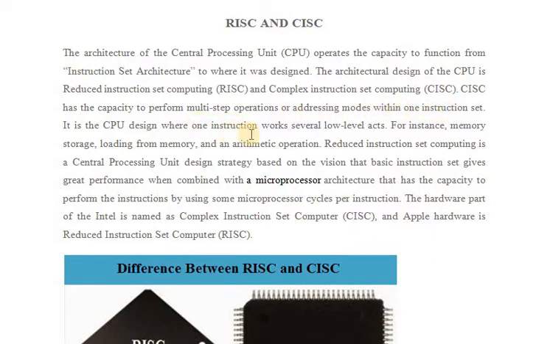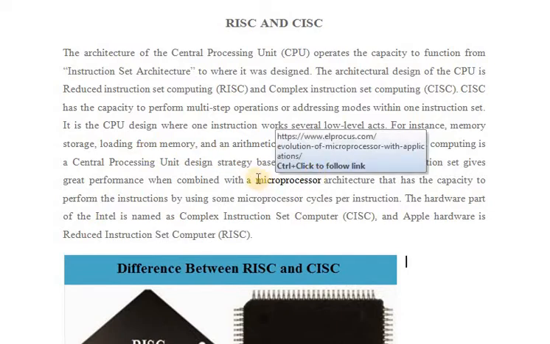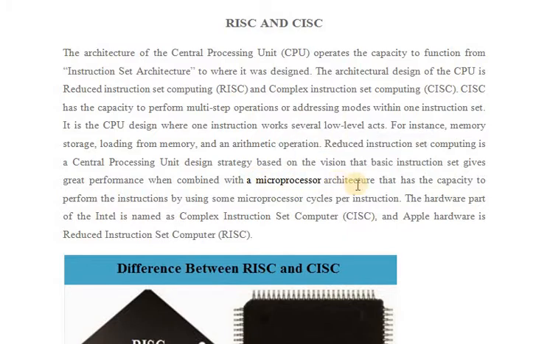It is a CPU design where one instruction performs several low-level operations, for instance a memory store, loading from memory, and an arithmetic operation. But the reduced instruction set is combined with the microprocessor architecture and performs efficiently with a smaller number of instructions; that you call RISC.